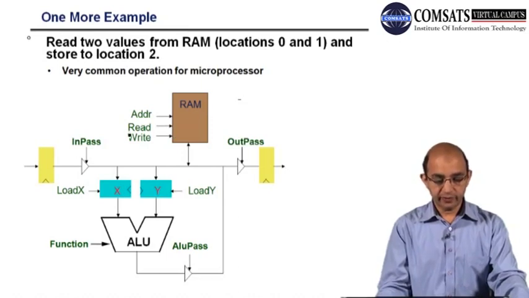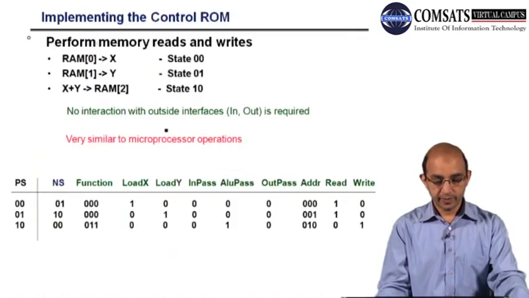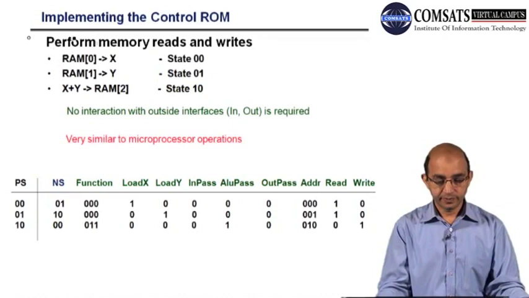We will have a control here for reading, and after locations 0 and 1 are read, we store the result to location number 2. So we perform memory reads and writes.